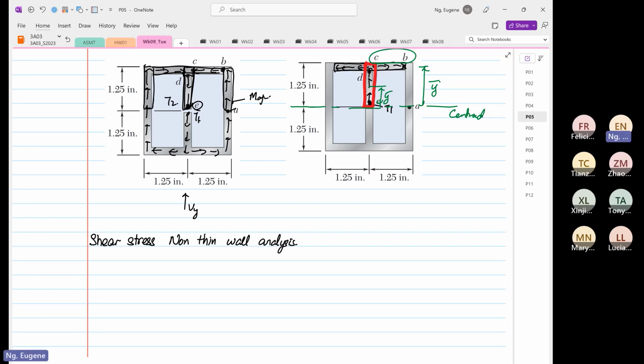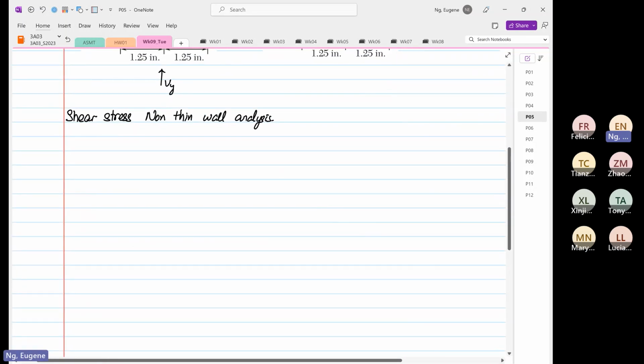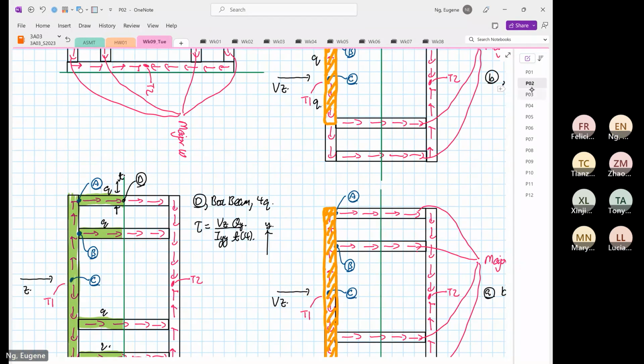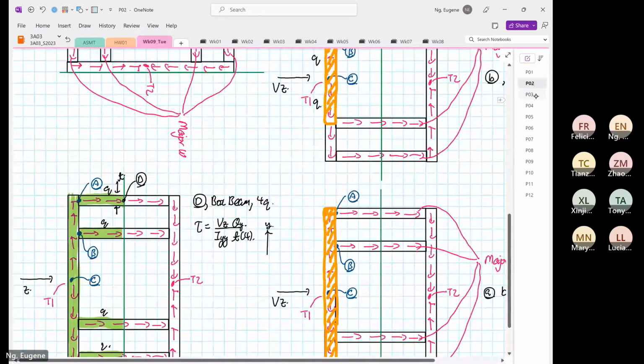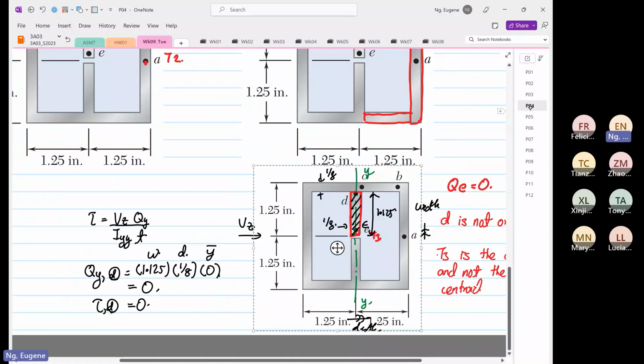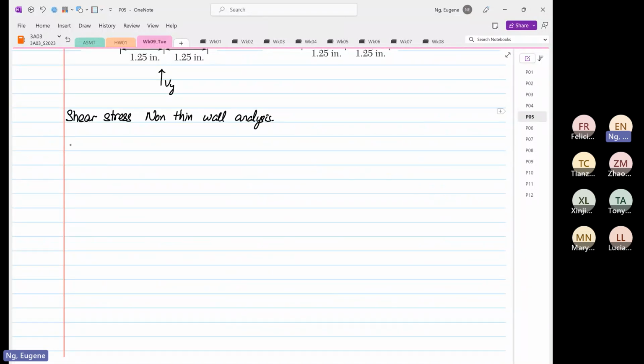Question number 5 is quite tricky. I did not know it was so tricky until I looked at this. So, homework. Example number 1. I do apologize.